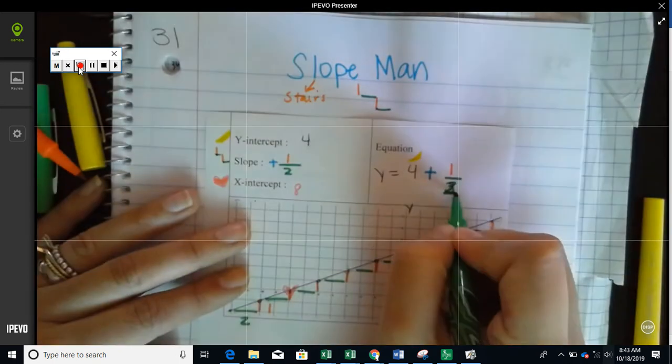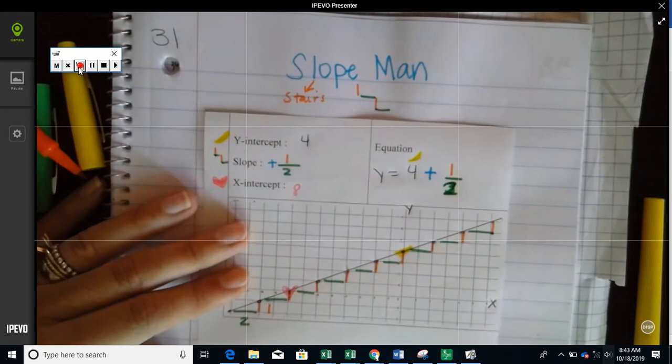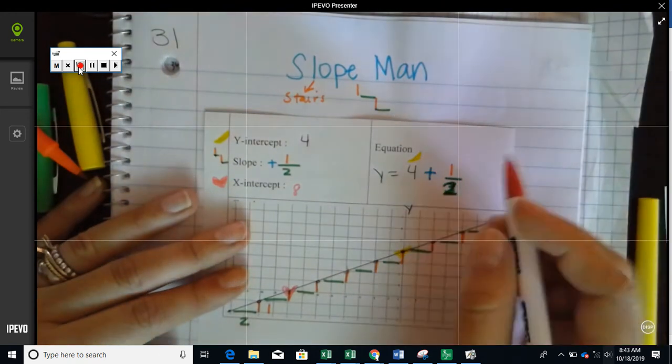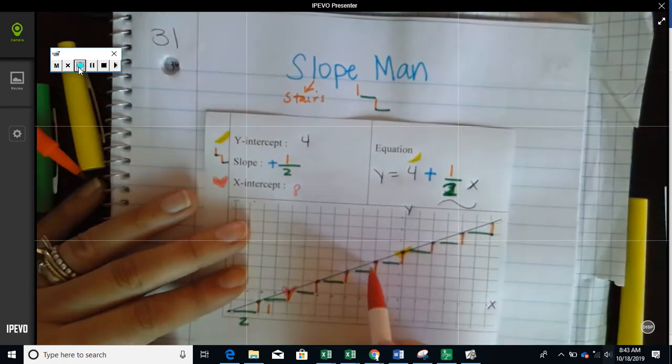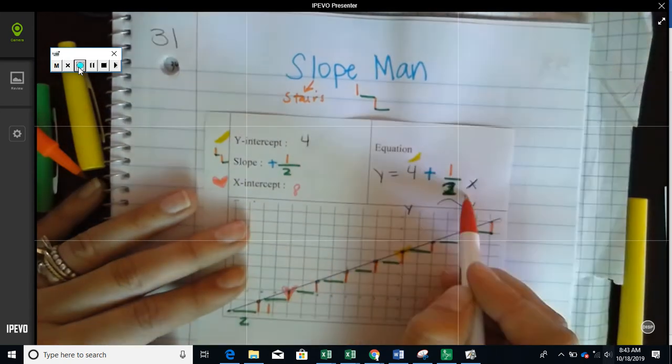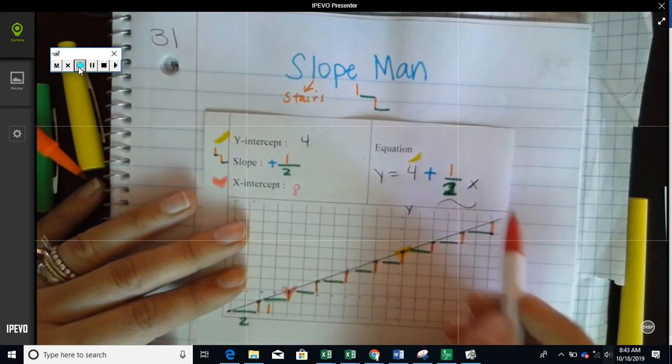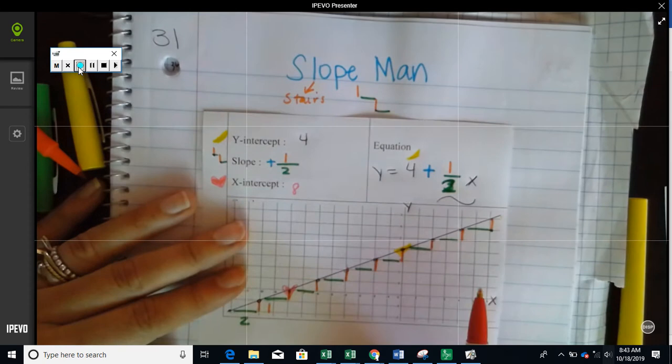Now it wasn't 1 over 3, it was 1 over 2. Because this one's your slope, this one's your squiggly, and that happens every time. Look how many times you have slope happening. Then you put x behind it, for each time, for each month, for each number of whatever day or month or whatever we're talking about.